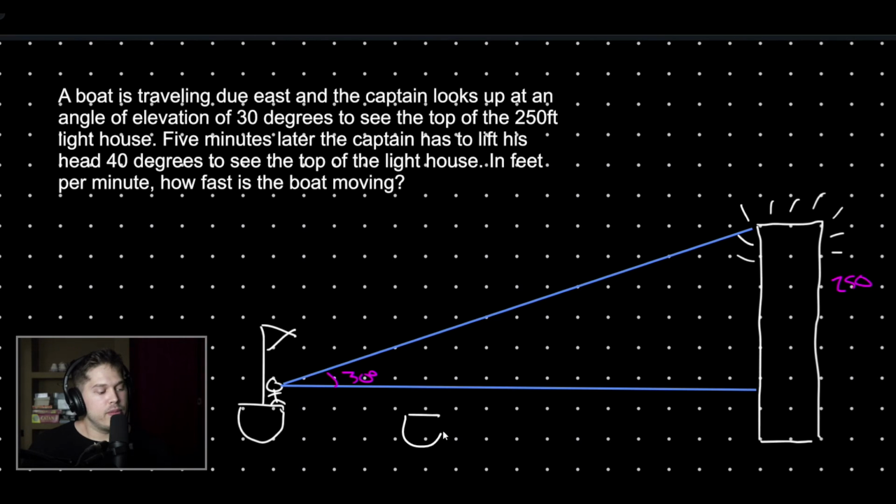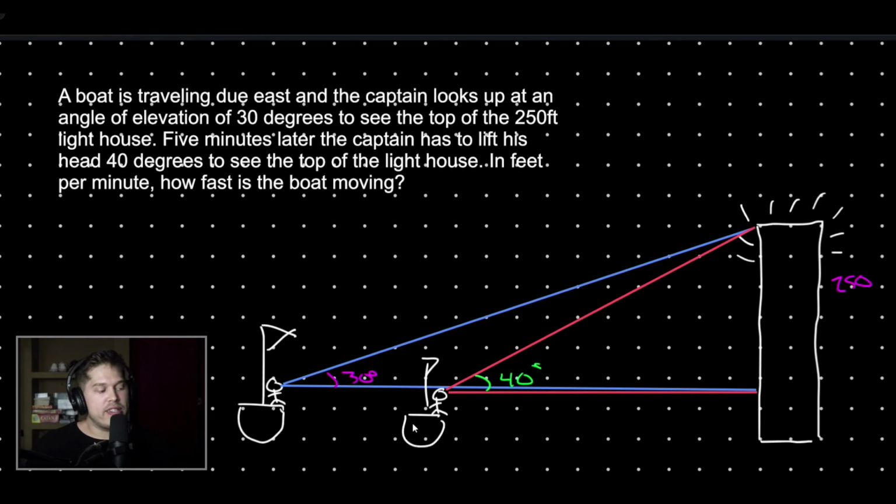It's now here, let's say. And now the captain looks up to see the top of the tower, but instead of a 30-degree angle of elevation, it shifted to a 40-degree angle of elevation.